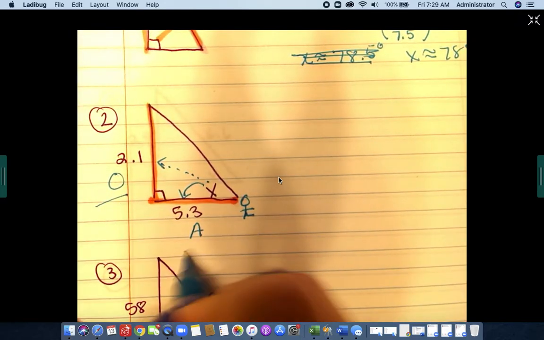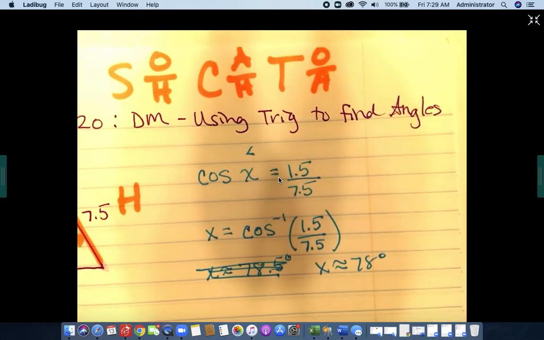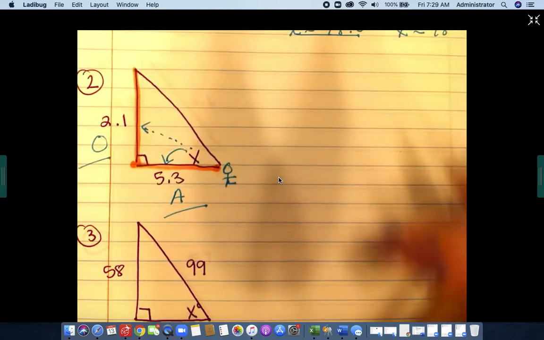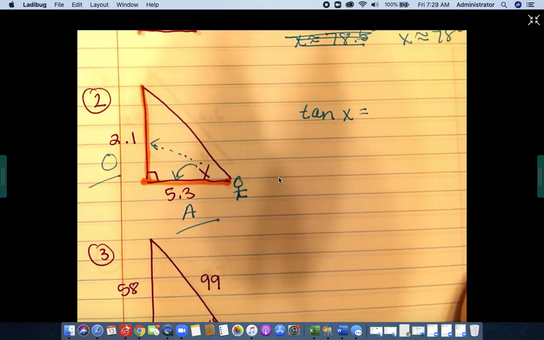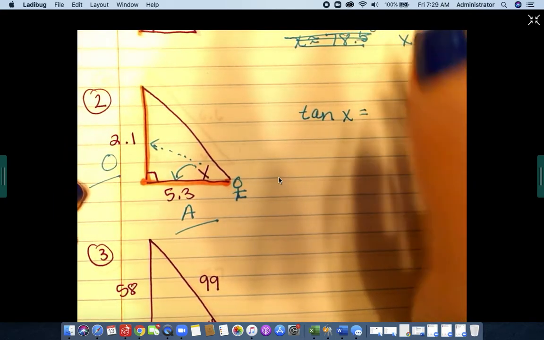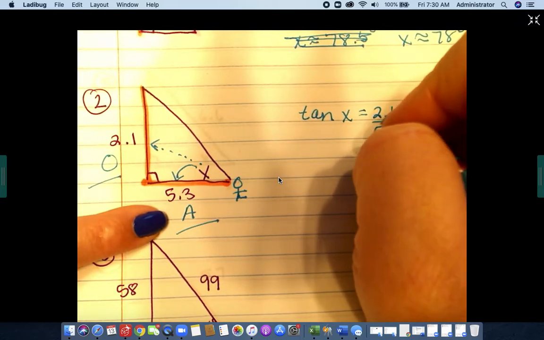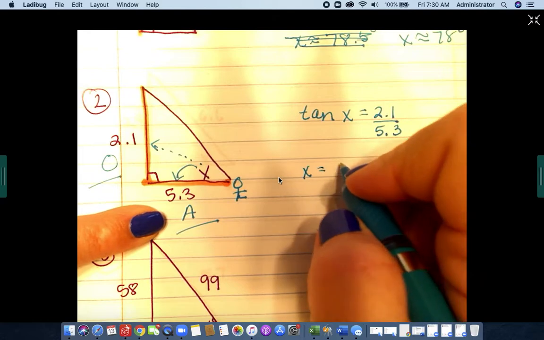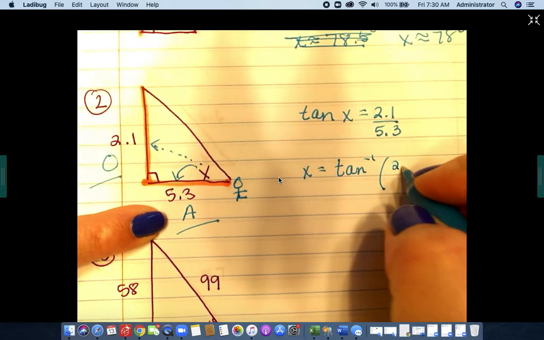So since I used O and A, that tells me to use which trig ratio? O and A is TOA, tangent. So that means the tangent of x, so always of your angle, tangent x equals opposite over adjacent. But that means when I solve, I need to use, you guessed it, inverse tangent.